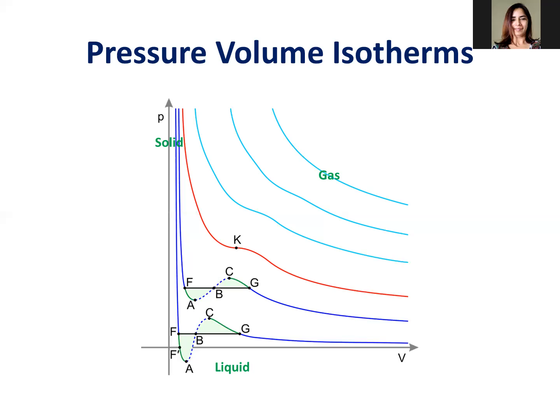Another point will give Vc and Pc for another isotherm, and likewise we can join the different critical points at different isotherms to get a region in which the liquid state can exist.